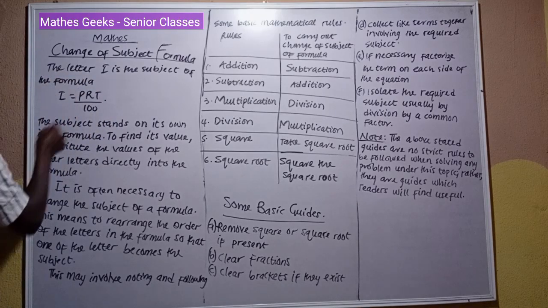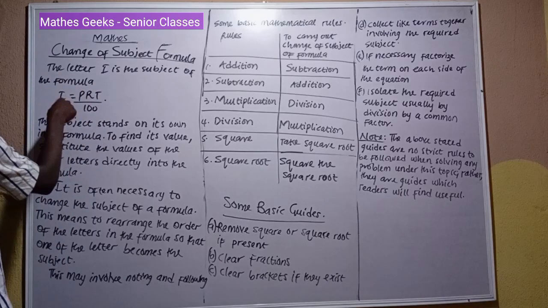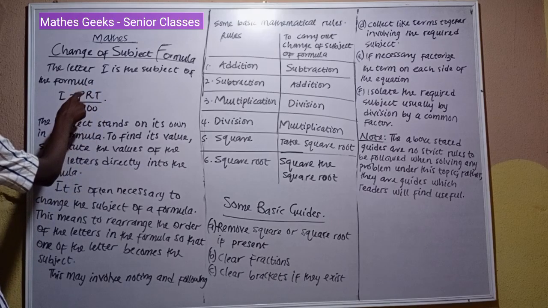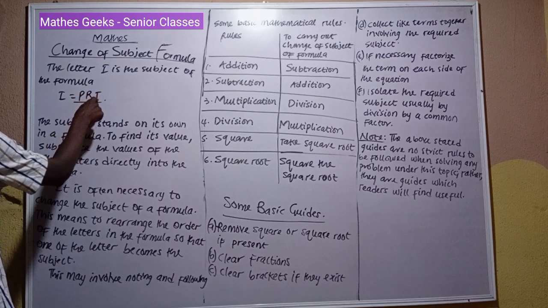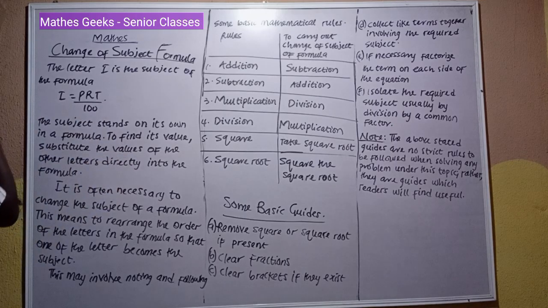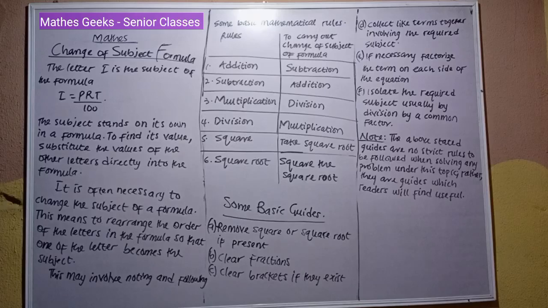If you are going to look for the value of I, just substitute the values of P into P, the value of R into R, and that of T into T. Then you multiply, and then divide by 100, and you get I. That's what I covered in the previous video, where we looked at change of formula and substitution.